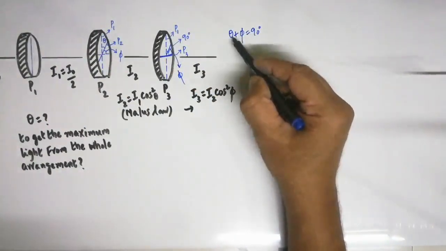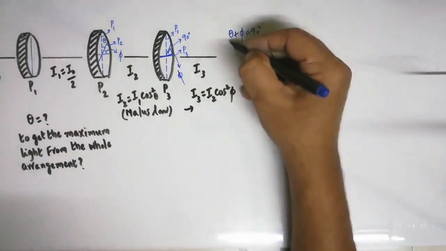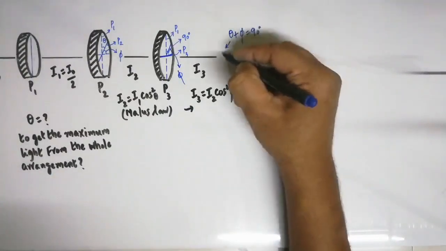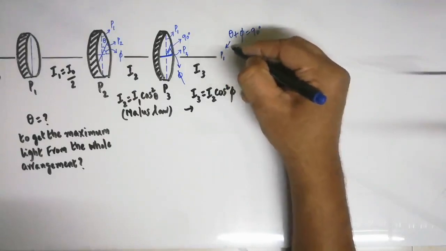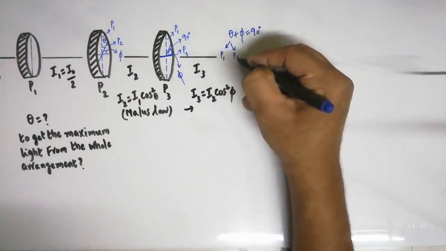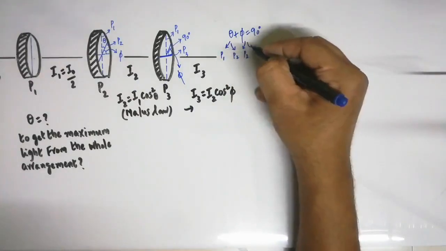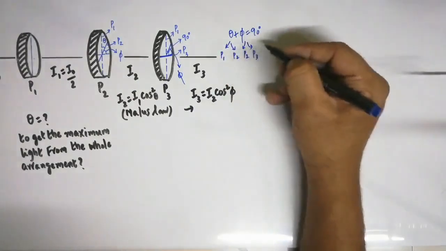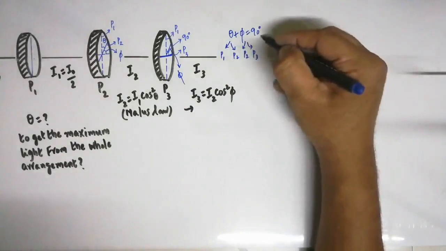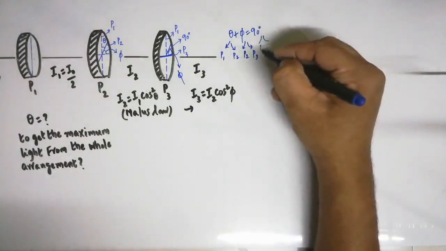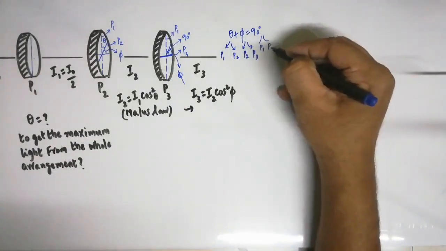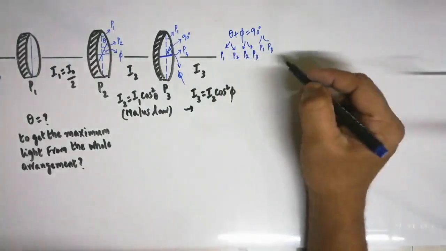Theta is the angle between P1 and P2. Phi is the angle between P2 and P3. If both are added, you will get the angle between P1 and P3. So in that order we have to take.